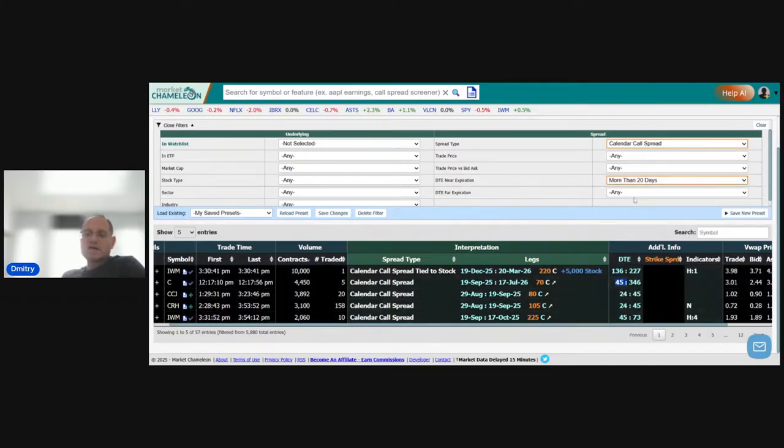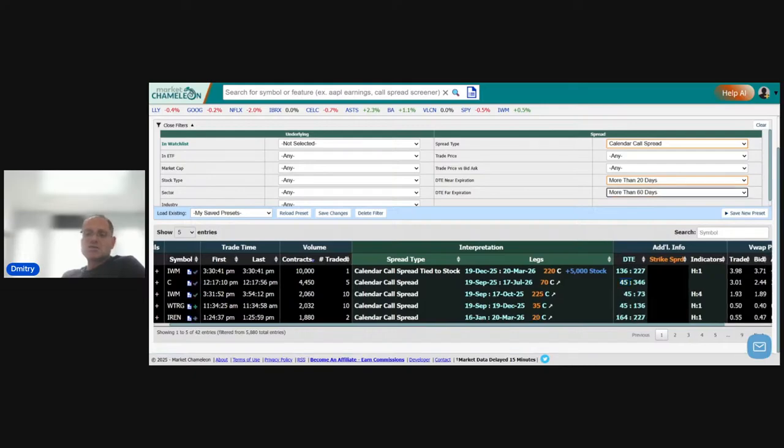Let's say the further one out, we want more than 60 days. So now what I did was look for calendar spreads with conditions on days to expiration for each leg, right? The first one more than 20 days to expiration. The next one I need more than 60 days. Okay, so now we have 42 of those.